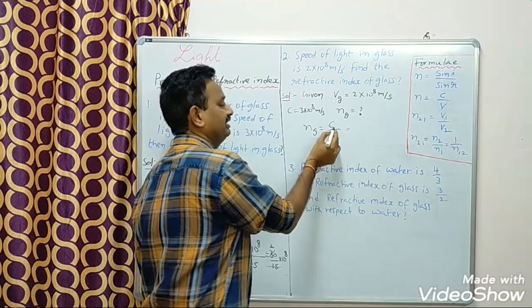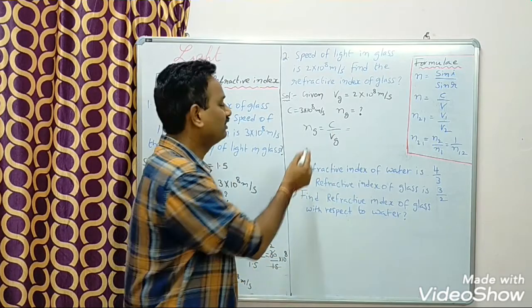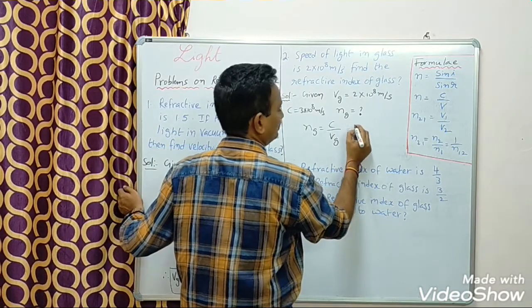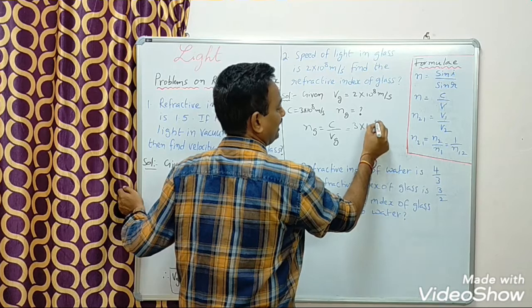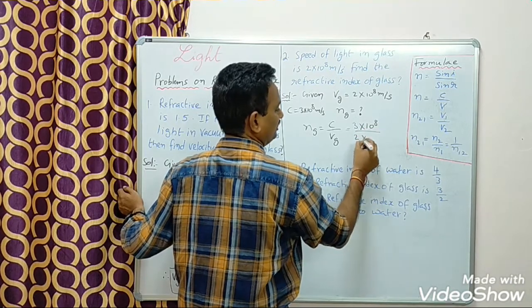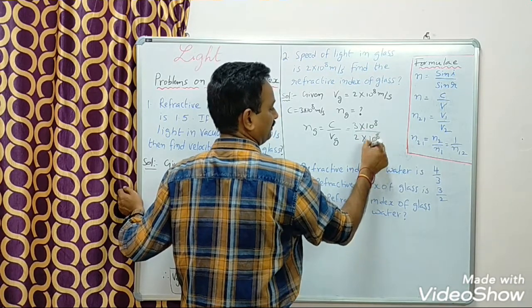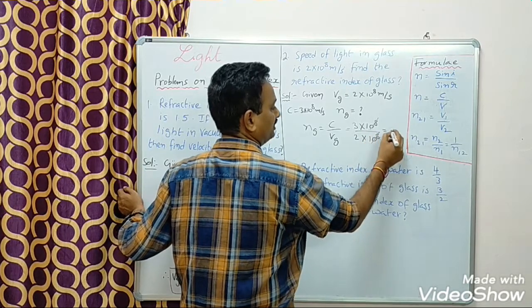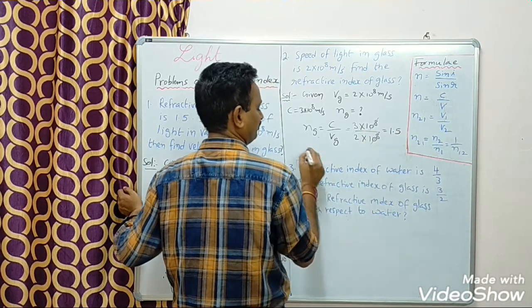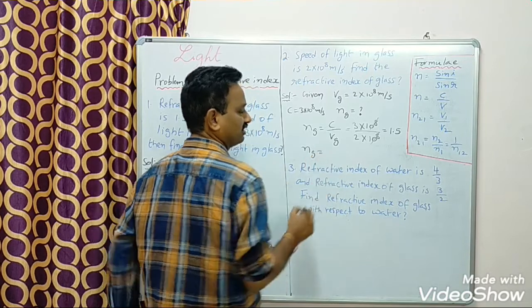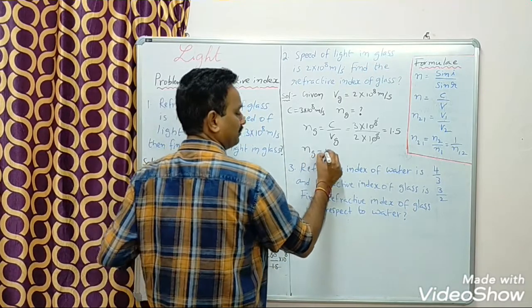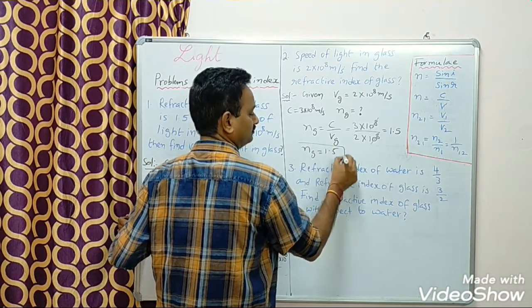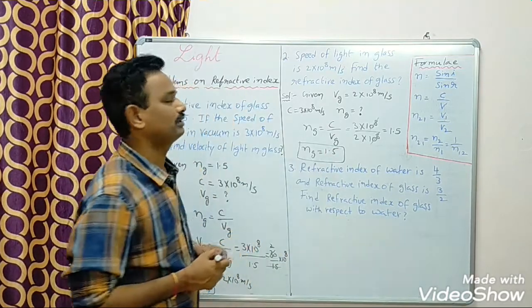That means speed of light in air or vacuum by speed of light in glass. That equals 3 into 10 power 8 by 2 into 10 power 8. So 10 power 8, 10 power 8 cancel. So 3 by 2, what will you get? 1.5. So we got finally refractive index of glass, that is 1.5. Okay, that's about second problem.